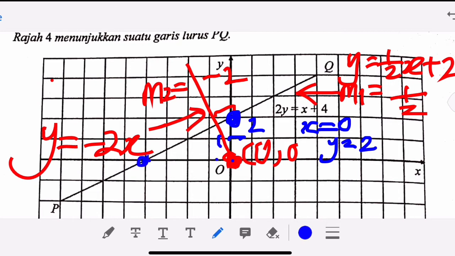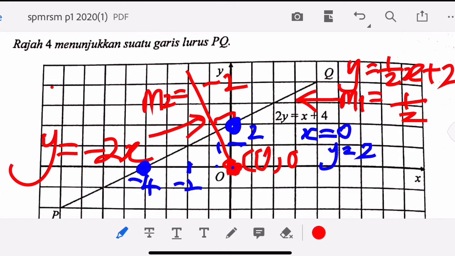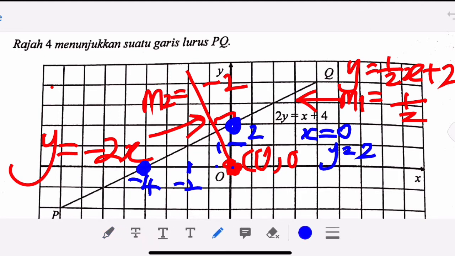So here the x-intercept, let y be 0, x is negative 4, right? So this is negative 4. So negative 2 should be here, negative 2, and then 4 should be here. This is 4, so it should be here.